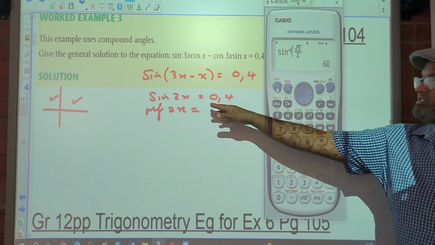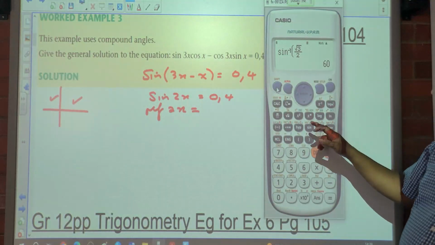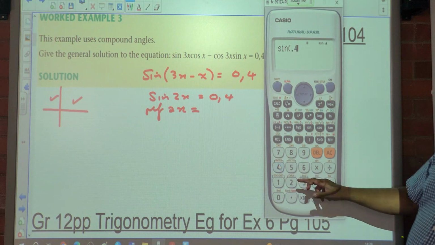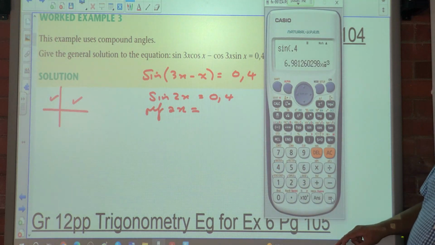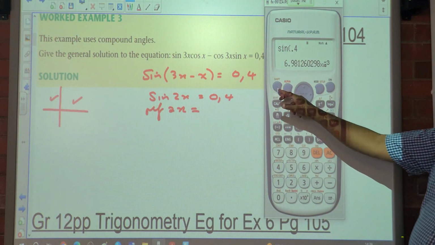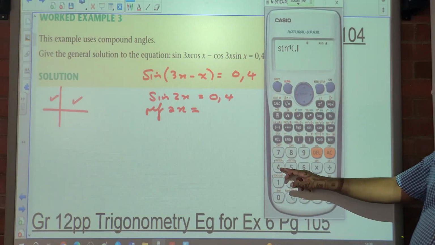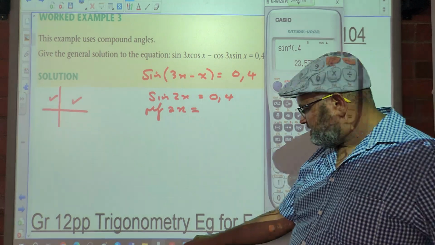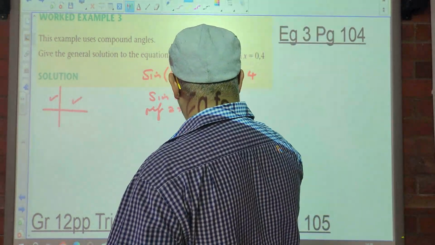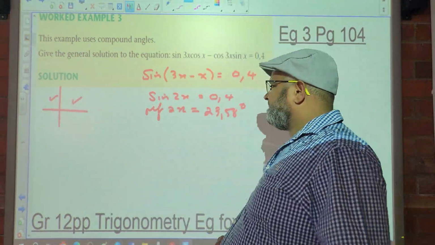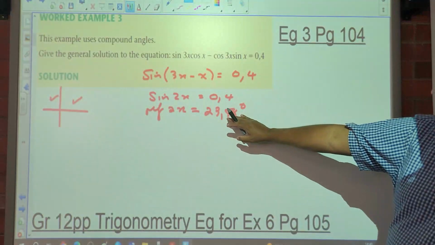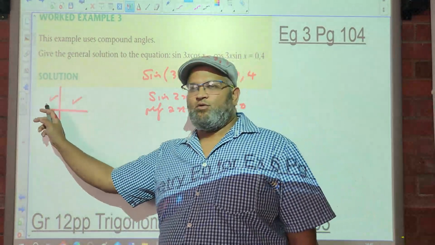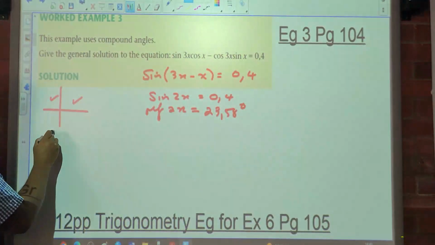Okay. Arc sine of 0.4. Here we go. 23.58 degrees. And now we ask ourselves in which quadrant is sine positive. 1 and 2. Let's go to quadrant 1.